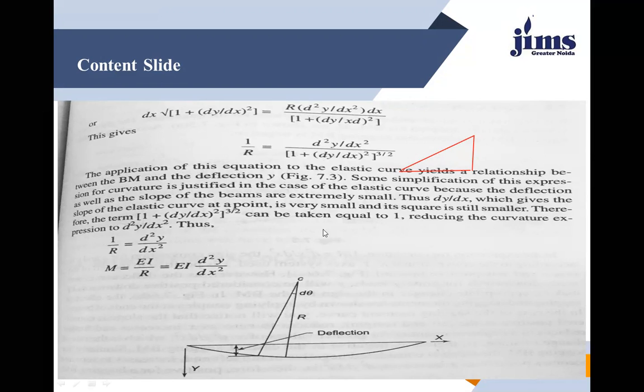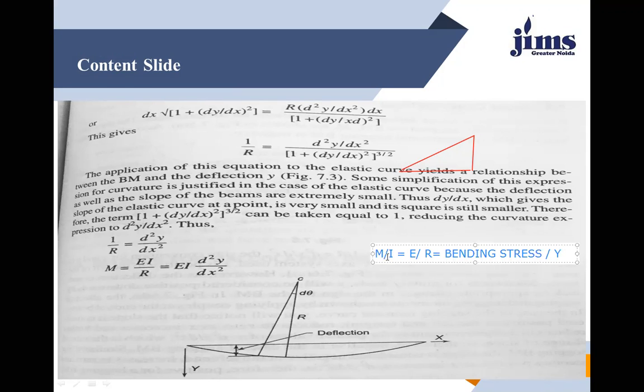From the bending equation, if you remember, M by I is equal to E by R, which is also equal to bending stress by y.